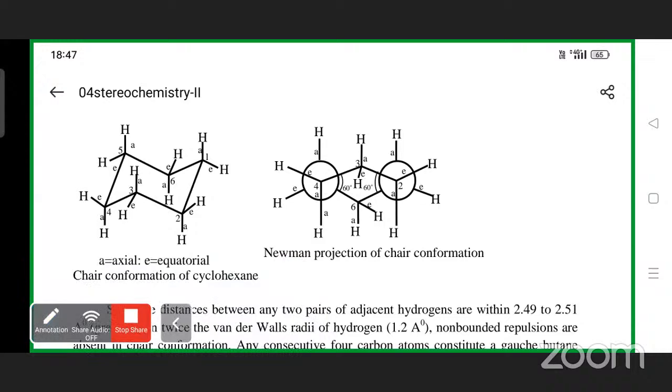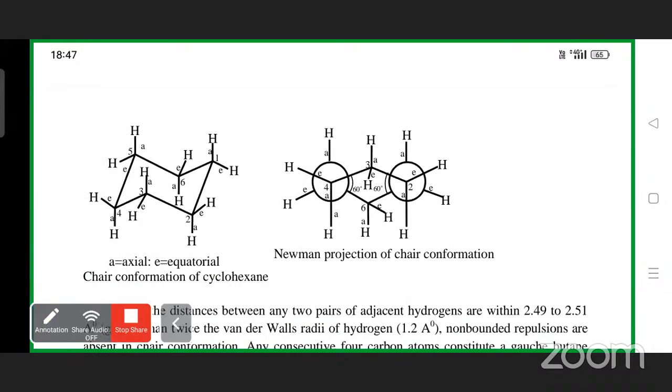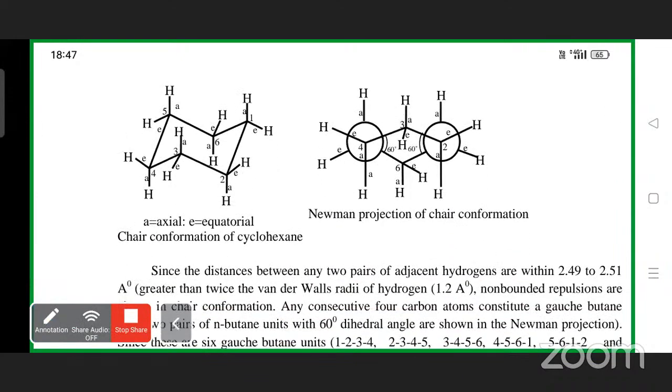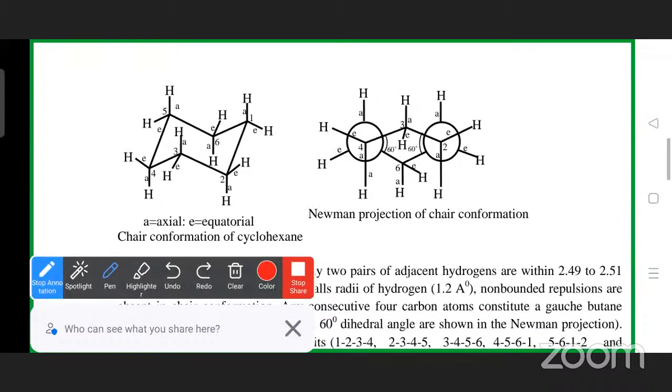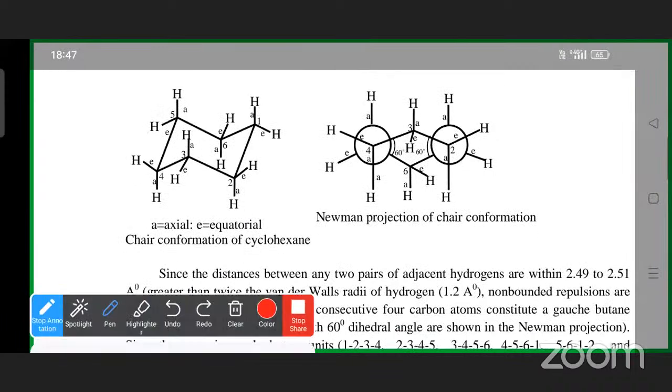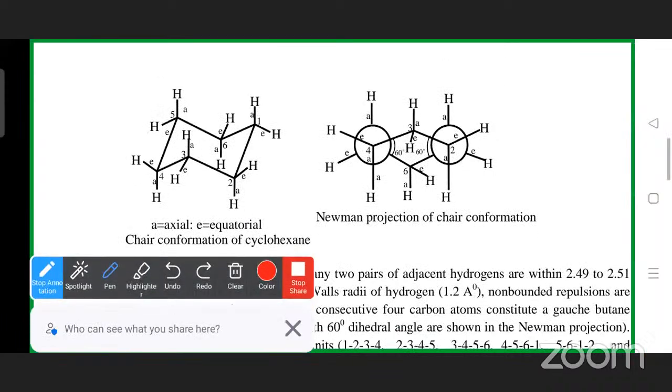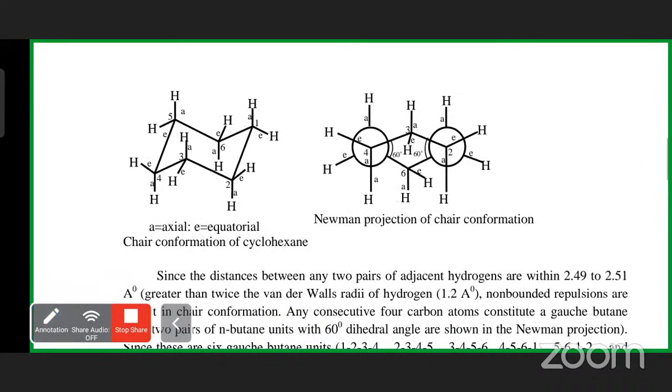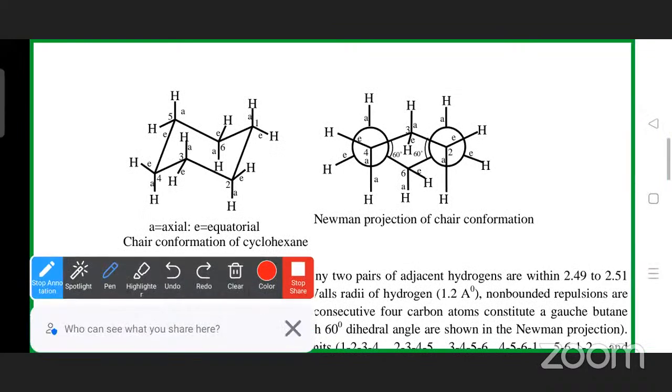And both bonds, axial and equatorial, are there. This is the planar conformation. In the planar conformation, you can see the orientation: the axial bond is above the plane and the equatorial is below the plane.